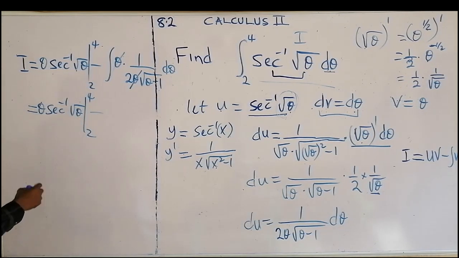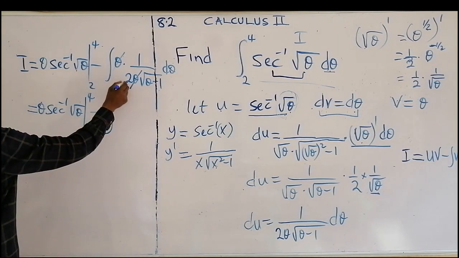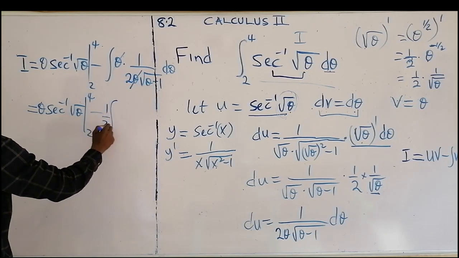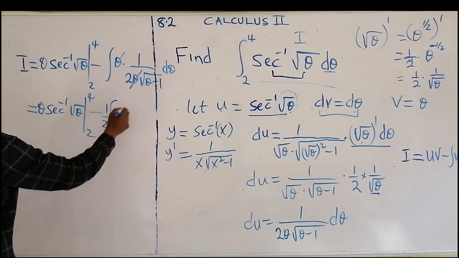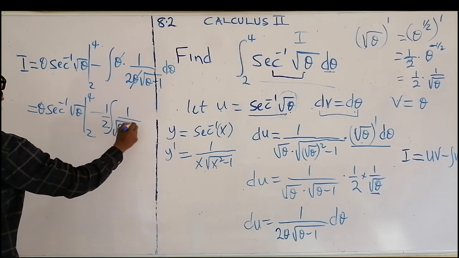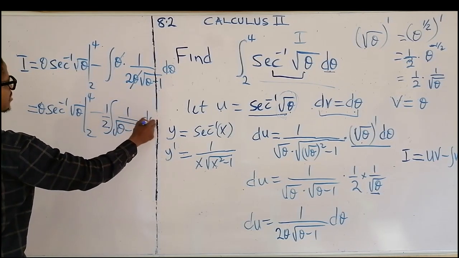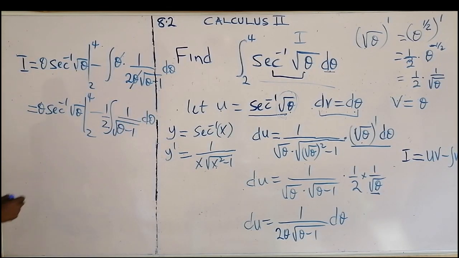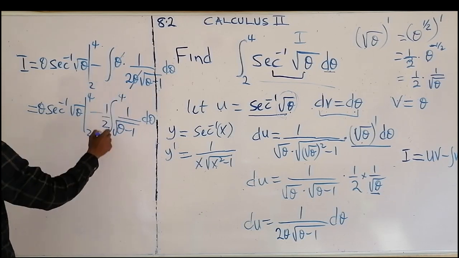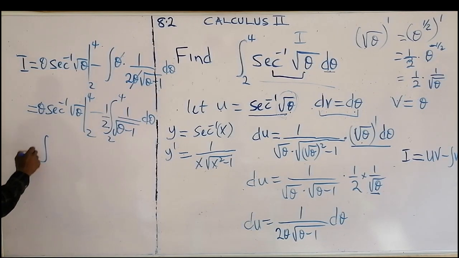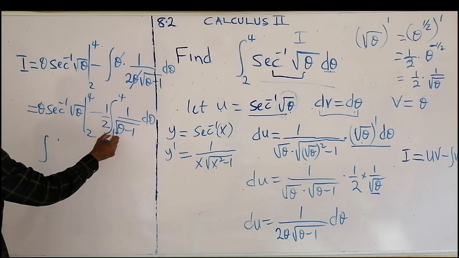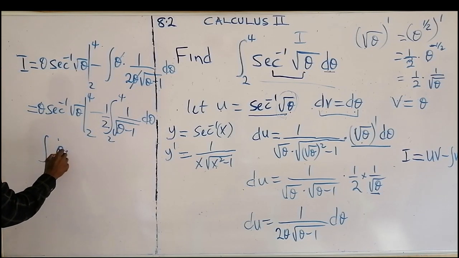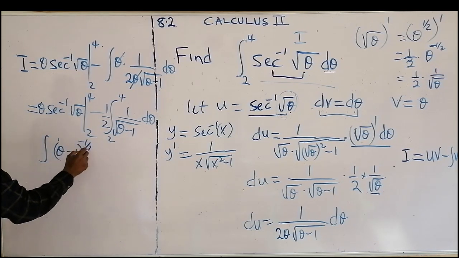So minus the integral of these two. This 1 over 2 can come outside the integration. Then you have 1 over the square root of theta minus 1, d theta, with the upper and lower boundaries. Let's quickly integrate this one. This 1 over the square root, we can write as theta minus 1 to the power minus half.